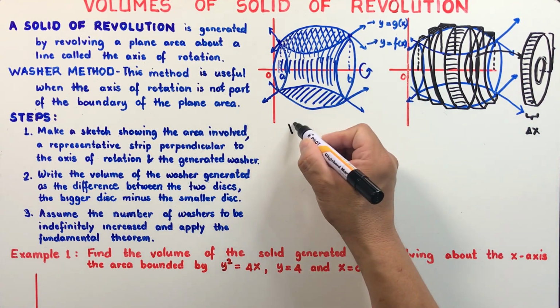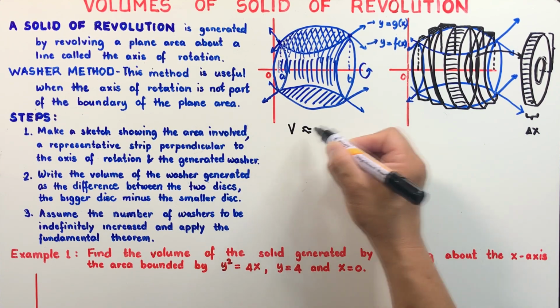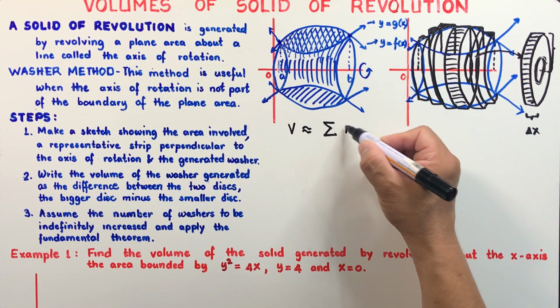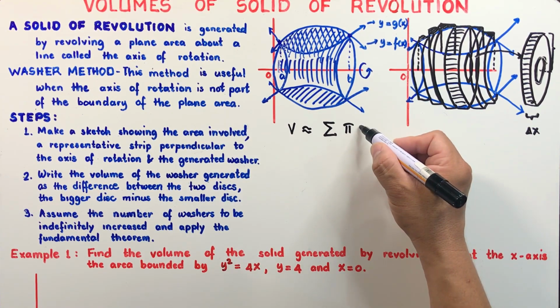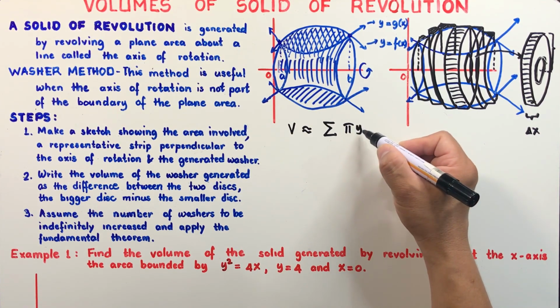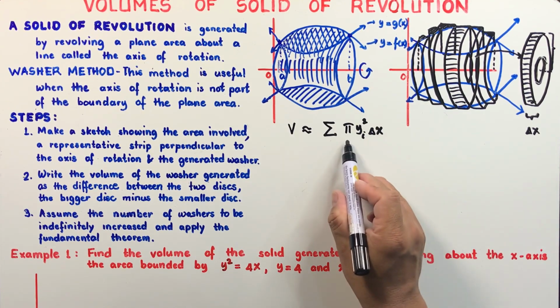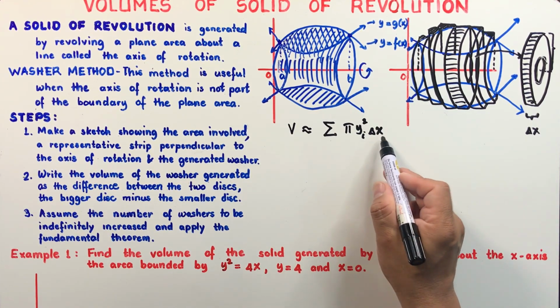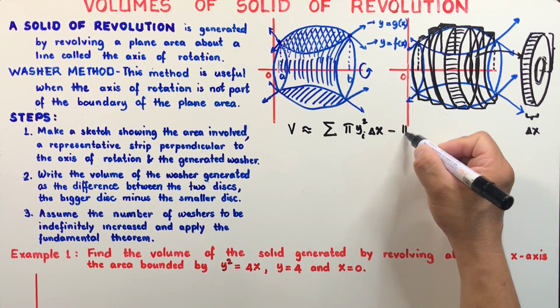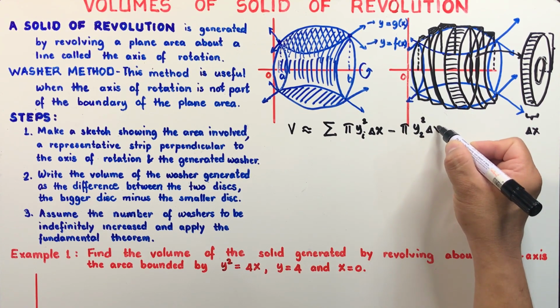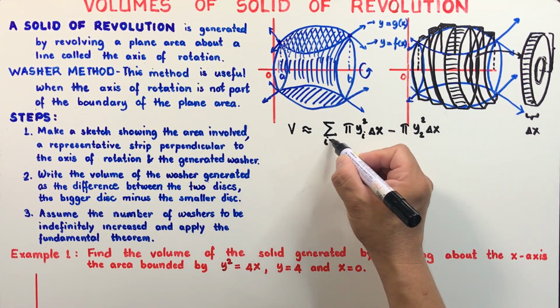So the volume is approximately equal to the sum of the volumes of all the washers, and the volume of a washer is obtained by the difference of the two discs. The volume of the bigger disc is pi y squared delta x, minus pi y sub 2 squared delta x. And there are how many discs?